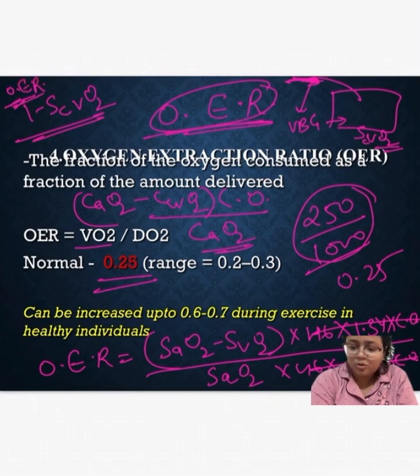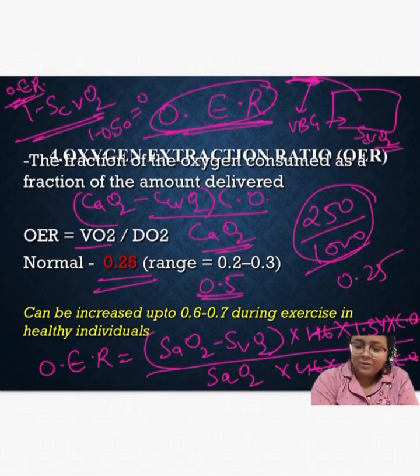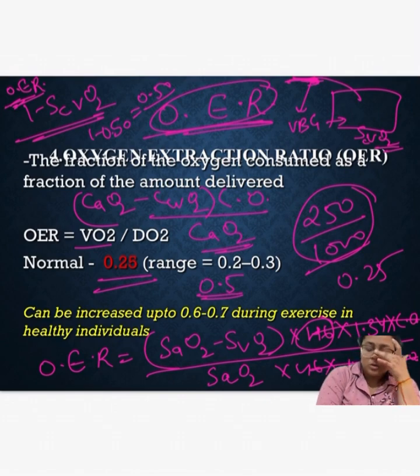If it becomes 0.5, it means 50% extraction is happening, and 50% is the maximum extraction we can have. So now we have to give oxygen, or treat anemia, if we want the patient to survive, because he has now utilized the maximum oxygen he could use.